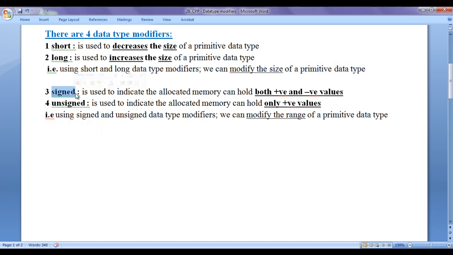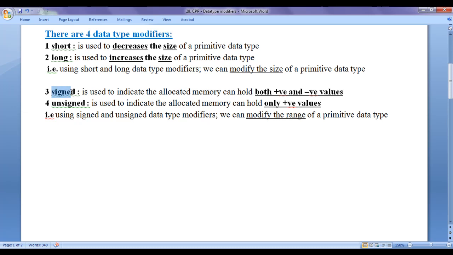Signed data type modifier is used to indicate the allocated memory can hold both positive as well as negative values, whereas unsigned data type modifier is used to indicate the allocated memory can hold only positive values. Unsigned means only positive. Signed means both positive as well as negative, guys.